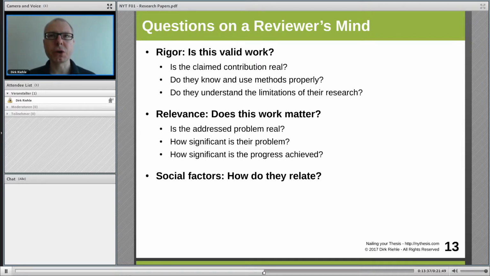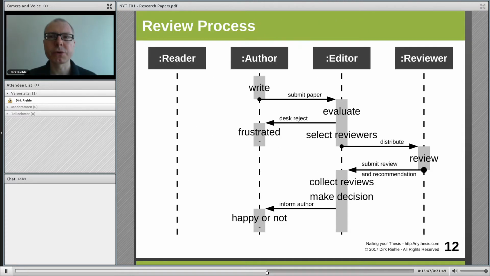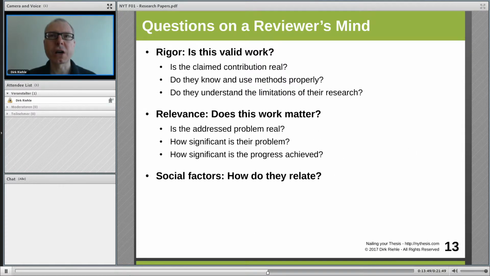So what is a reviewer? How is a reviewer looking at it? It strongly depends, of course, on the topic. But there are these two basic dimensions that we previously looked at, which are rigor and relevance. These are the two core dimensions. Rigor: how rigorous, how high quality is this research work from a method perspective?